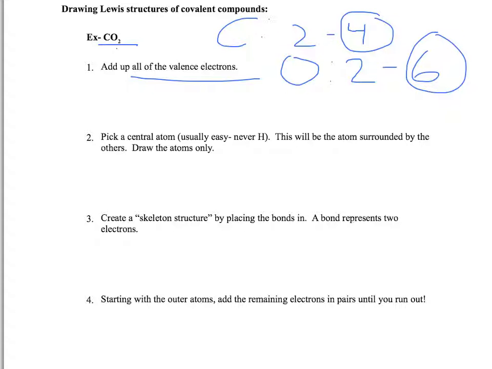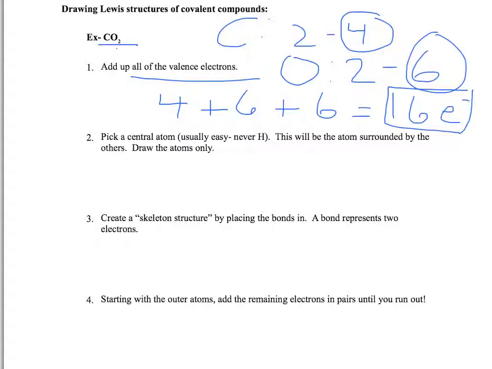And since we have CO2, we can add up the number we have, which is 4 from carbon, plus 6 for one oxygen, plus 6 for another, which means we have a total of 16 available electrons to use in our bonding. That's the first step.